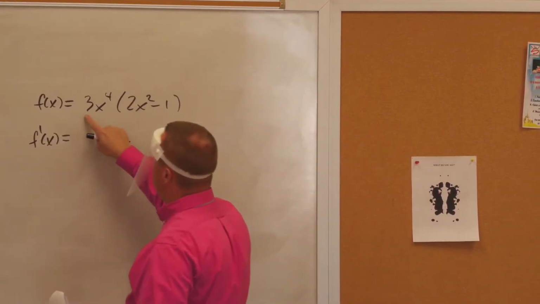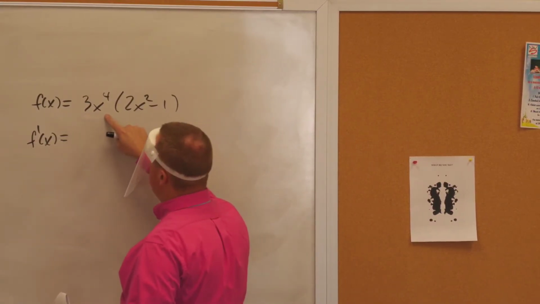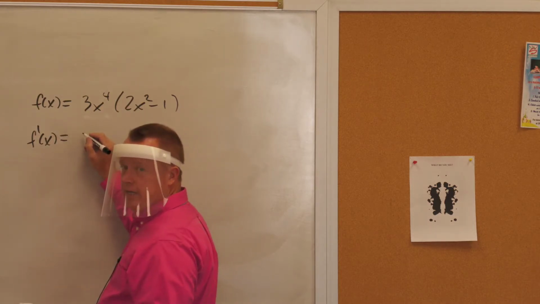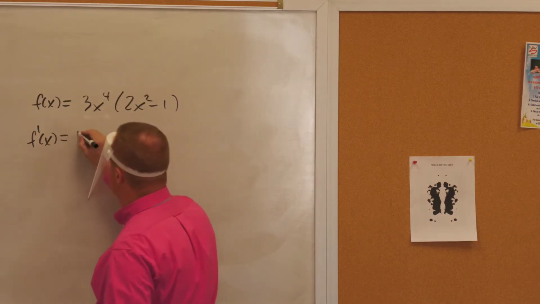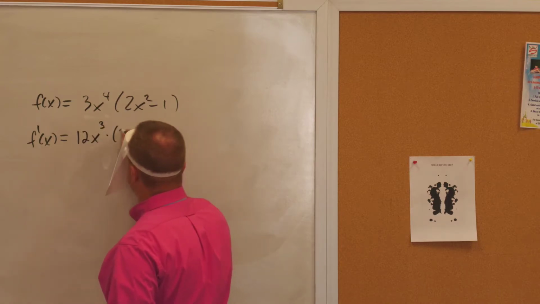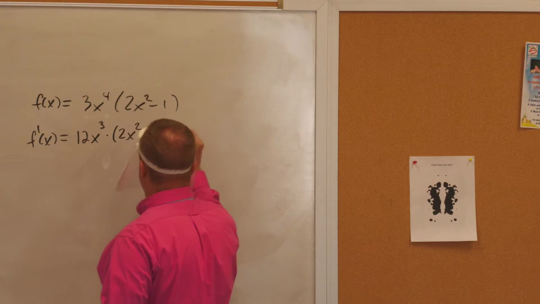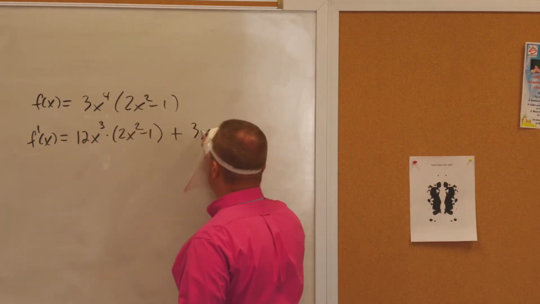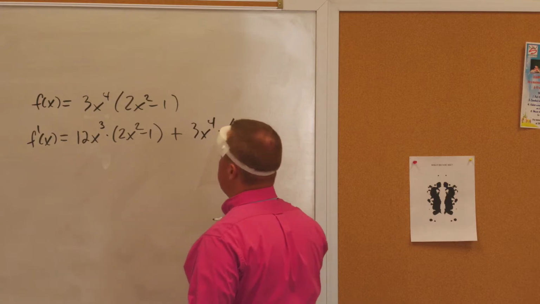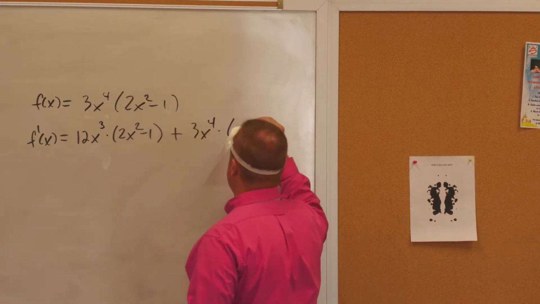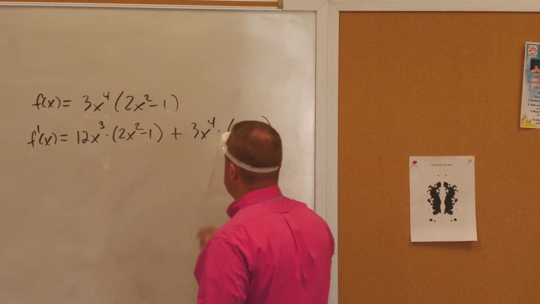What is the derivative of 3x to the fourth? 12x to the third, times the second, plus the first, times the derivative of the second. What is the derivative of 2x squared minus 1? 4x.